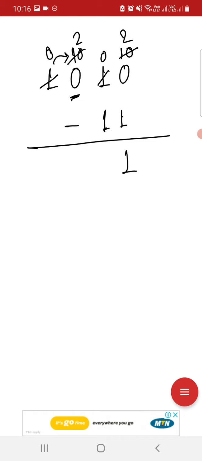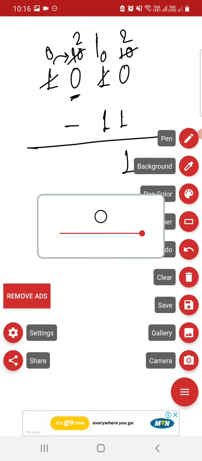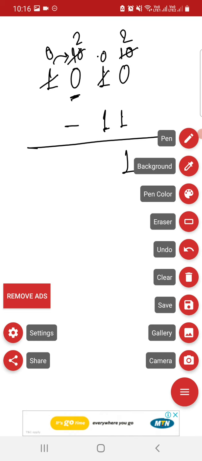10 means 2. 2 and then we can take a borrow, that will be 10.